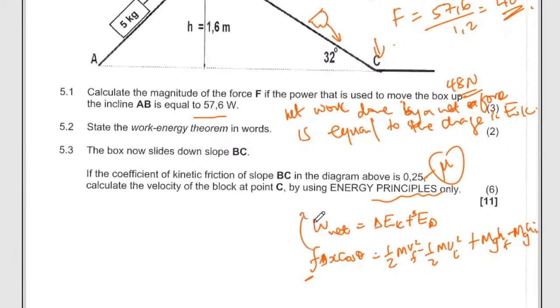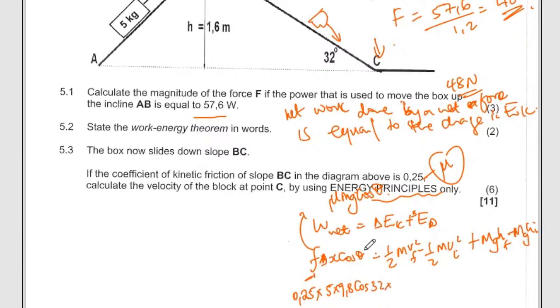So the frictional force is mu mg cos of theta. Our mu was 0.25, times the mass of the body, which is 5, times 9.8, times the cos of 32. That is just the F.